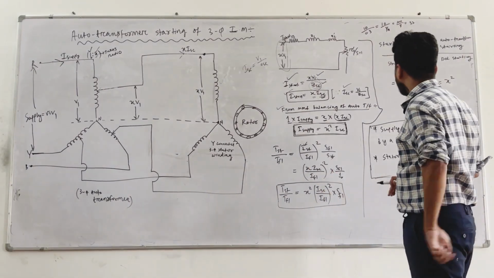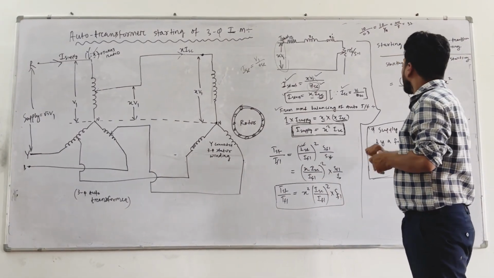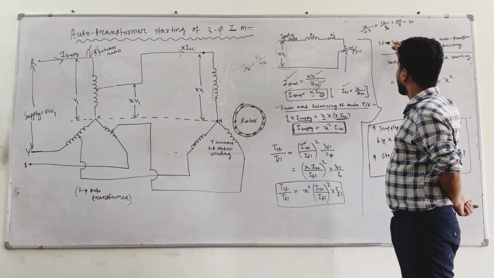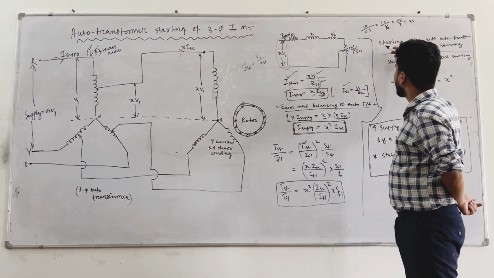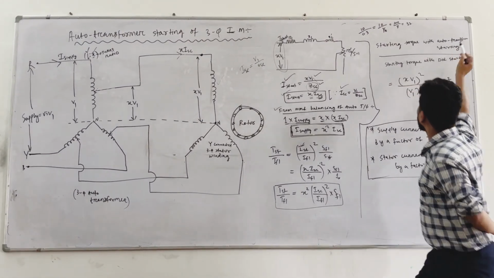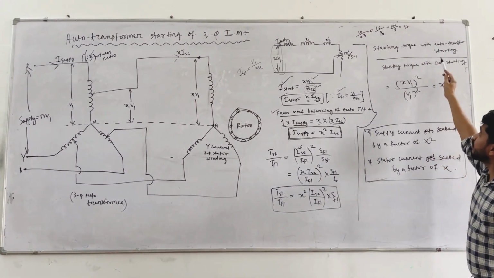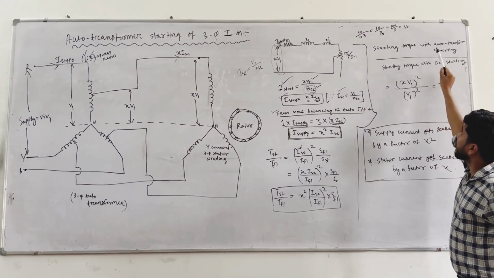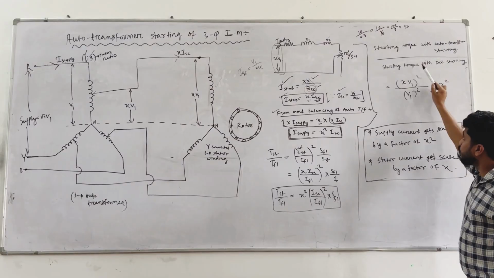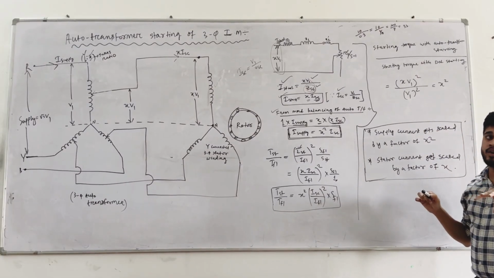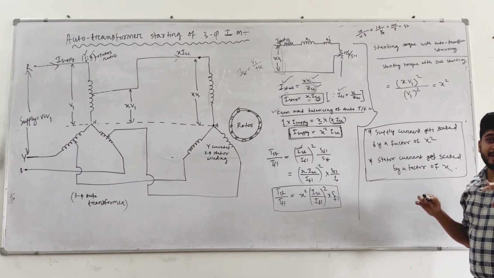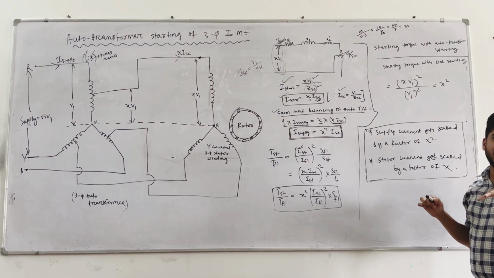Then, you know that if I want to write the ratio of starting torque with auto transformer starting, I am taking the ratio. Starting torque in case of auto transformer starting to my reference. What is my reference? Direct online starting is my reference. So I am comparing with the reference one, that is direct online starting.